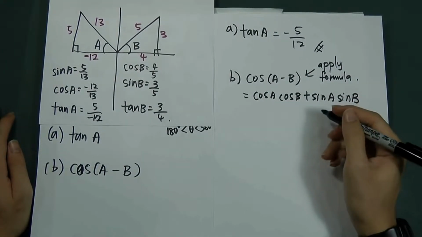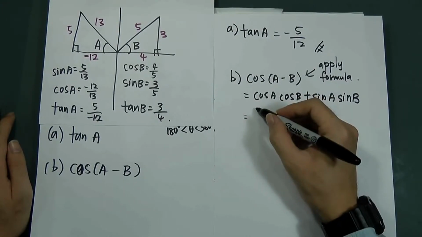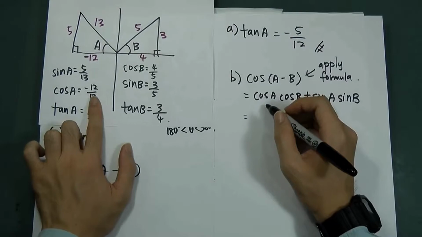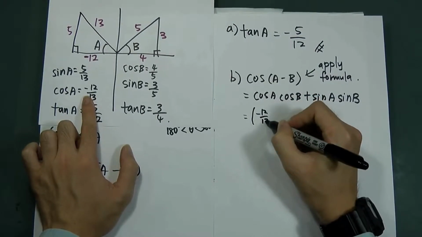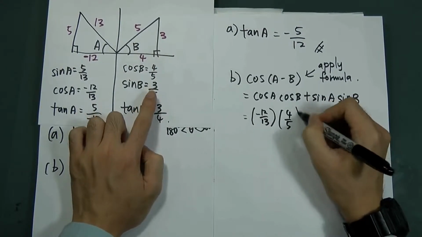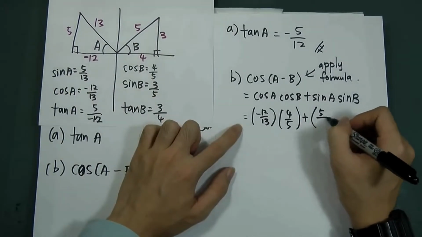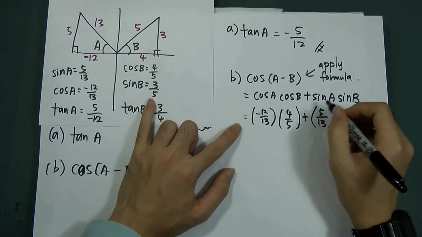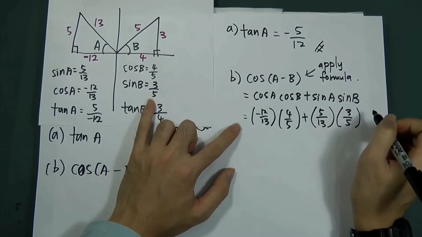So you just substitute whatever you have. What is cos A? Cos A is negative 12 over 13. What is cos B? Cos B is 4 over 5. Plus, what is sin A? Sin A is 5 over 13. And what is sin B? Sin B is 3 over 5. Simple, right?